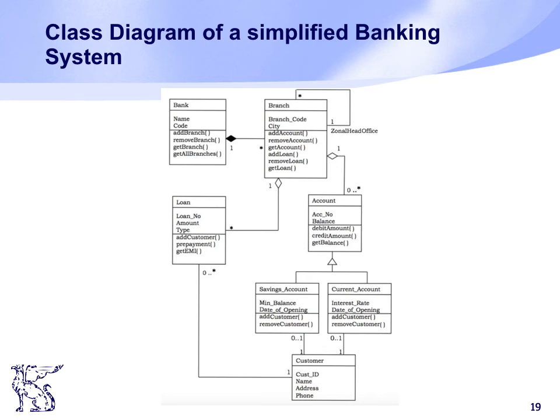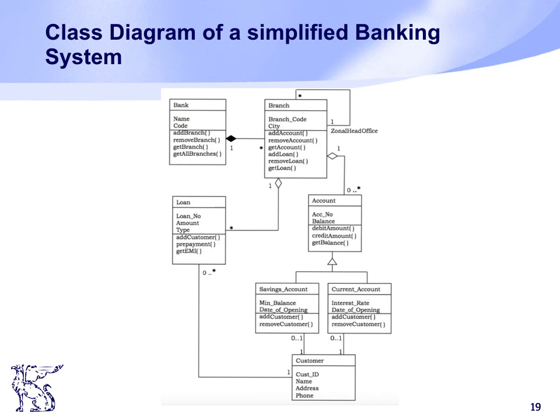And we could have saving account and current account, so those are different classes. Then a customer can also take a loan, so loan will be a class, and the customer will be a different class. We need customer classes to store their IDs and their information, so that's why we need another class, customer.